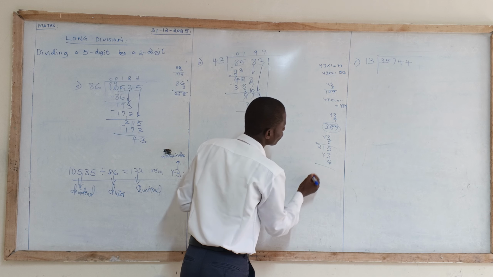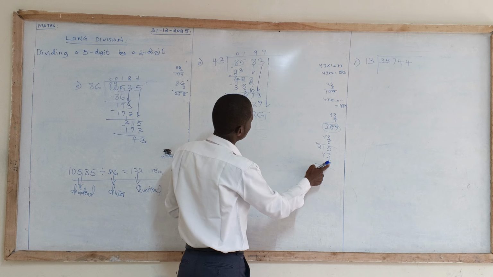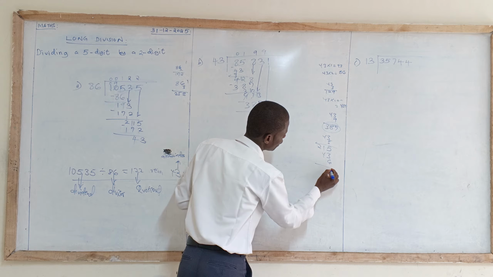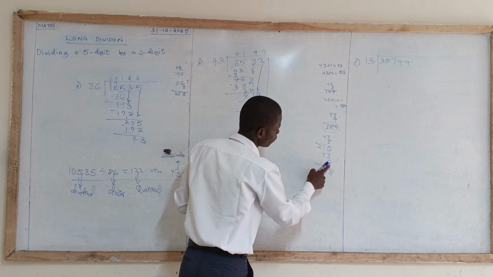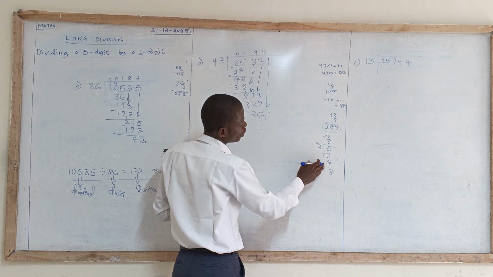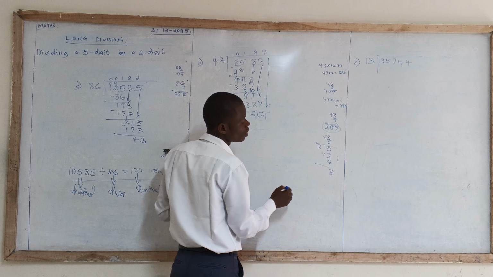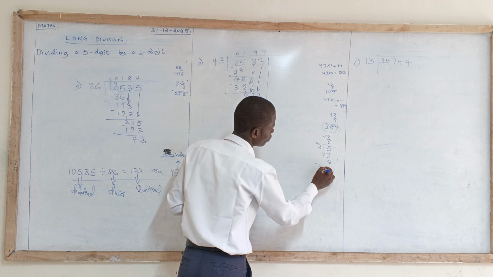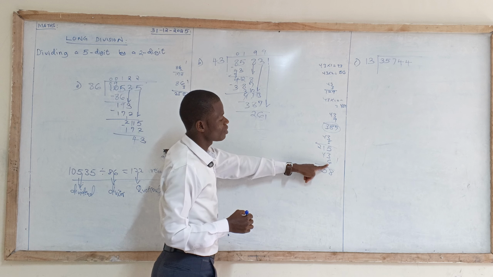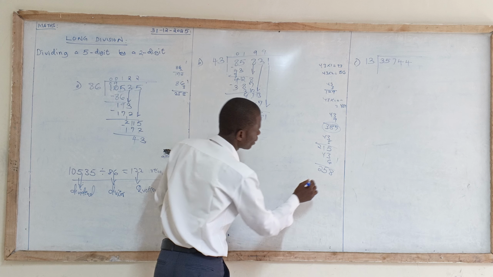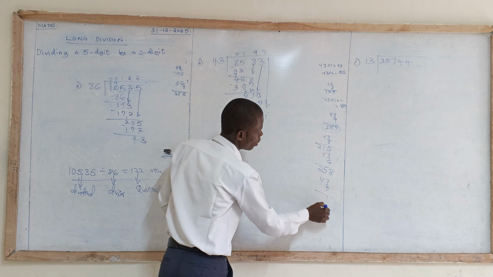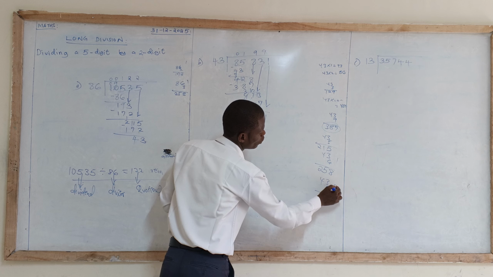43 times 6. 6 times 3, what do you have? That is 18. Write 8, carry 1. 6 times 4, that is 24. 24 plus 1, 25. So 258. But I have 261. Let's try another one, 7. 43 times 7. 7 times 3 is 21, write 1, carry 2.